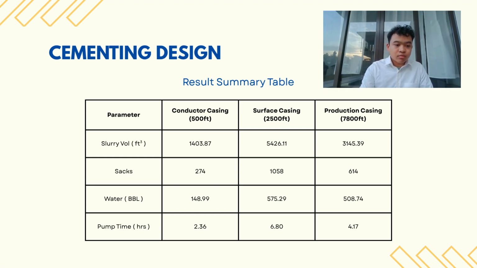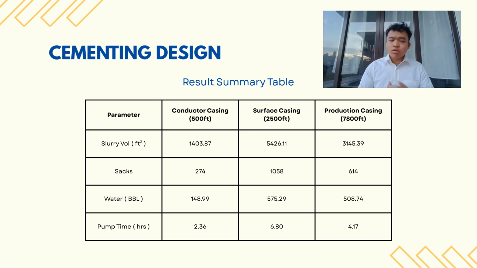It took about 2 hours and 36 minutes for pumping the conductor casing, 6 hours and 80 minutes to pump the surface casing, and lastly the production casing took about 4.17 hours.